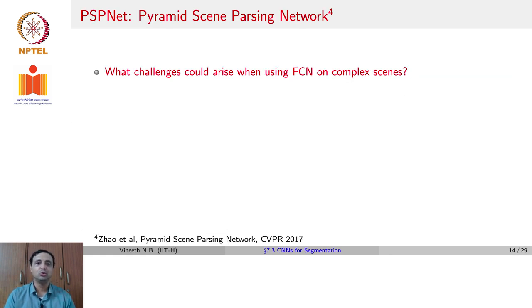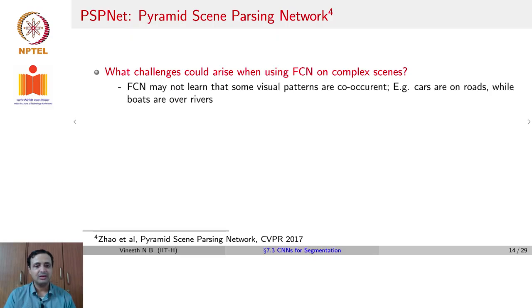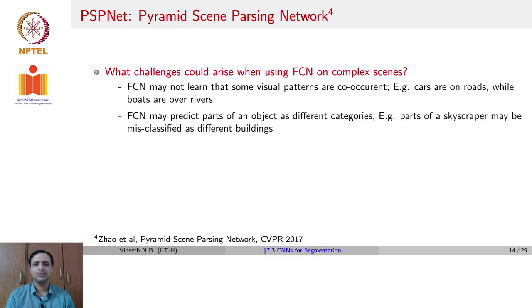Another network used for segmentation is known as the PSPNet. And the PSPNet starts by asking the question, what challenges could you face if you applied FCNs on complex scenes? If you think deeper, you would notice that FCNs do not learn patterns that are co-occurrent. For example, we know that cars are on roads while boats are on rivers.